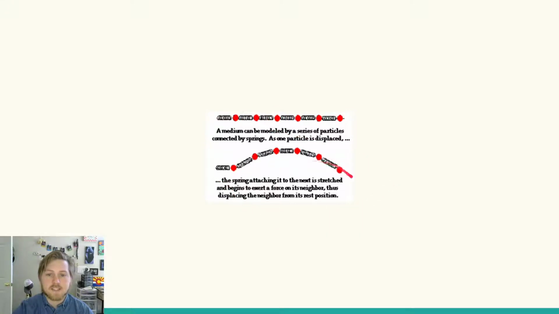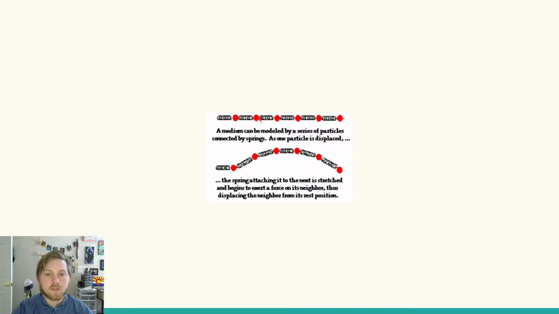When it's displaced, the spring it's attached to begins to exert a force on its neighbor, thus displacing its neighbor from the resting position. So if this one is pulled upwards, then this one's also got to be pulled up. And this one hasn't yet, but once I let it go, that wave is going to start traveling along the length. When this starts to come down, because this is a spring, it's pulling in both directions.